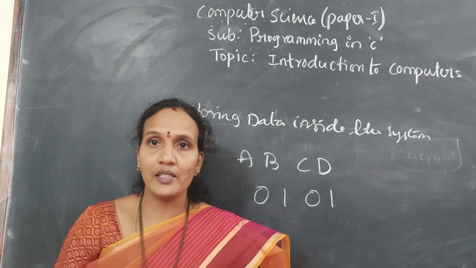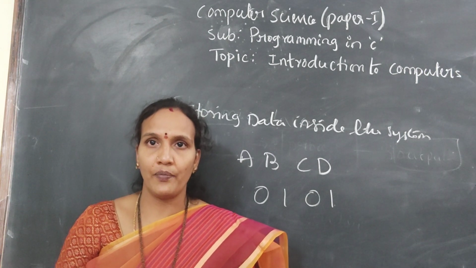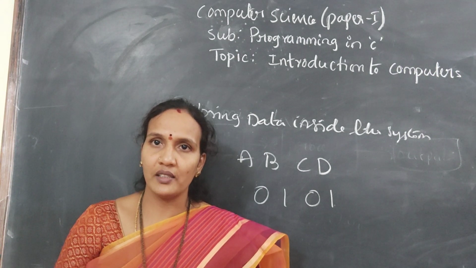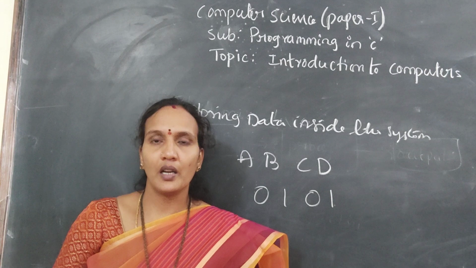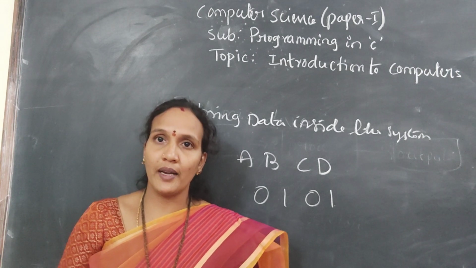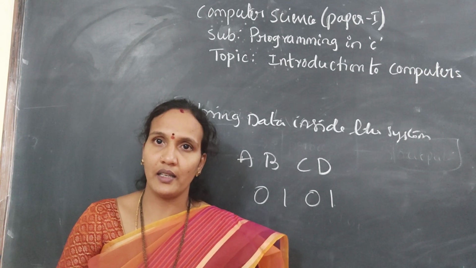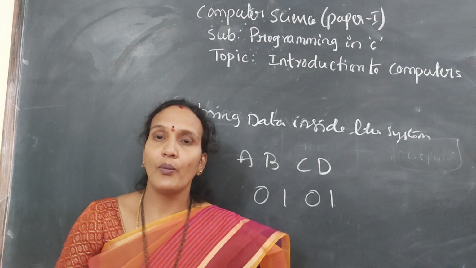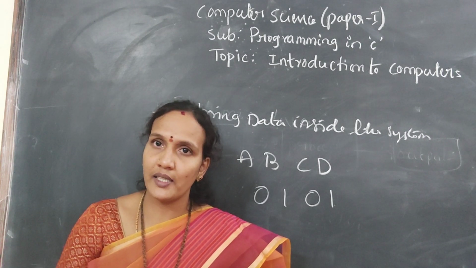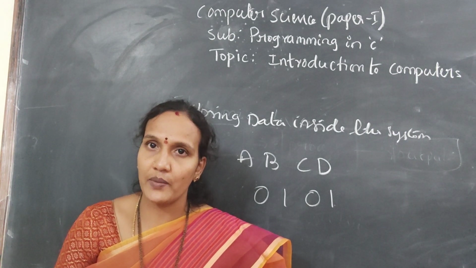So there is a need for translation. Whatever data you have entered should be converted into a number format. The number format the system understands is called the binary format.